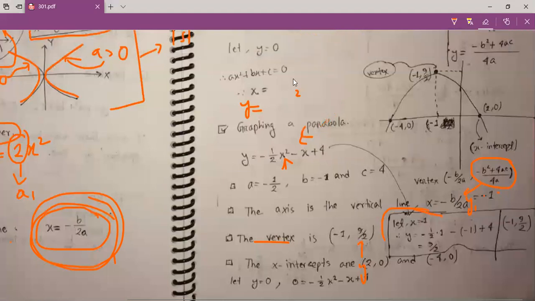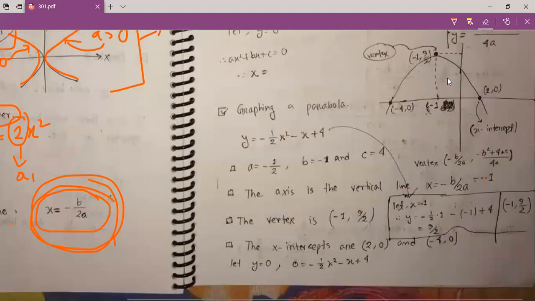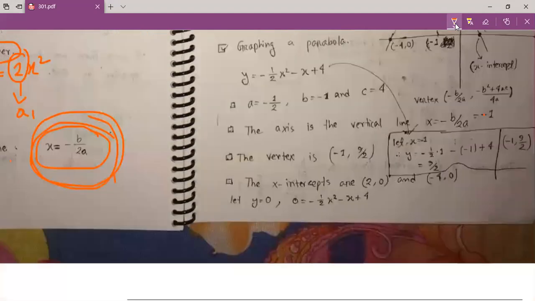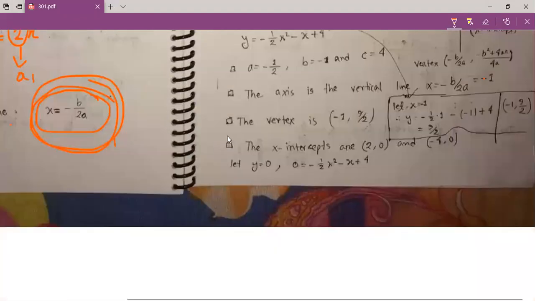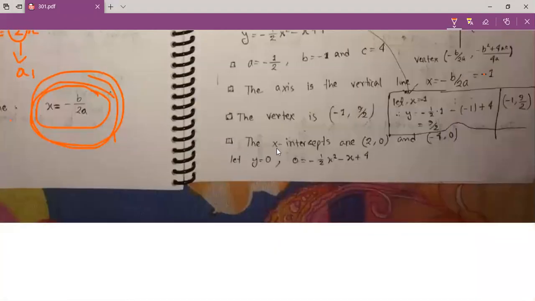So now let's find the y-intercept and x-intercept. Sometimes I do not find the right word to explain, so do not mind. The x-intercepts are (2, 0) and (-4, 0).